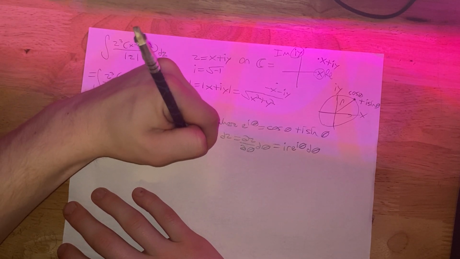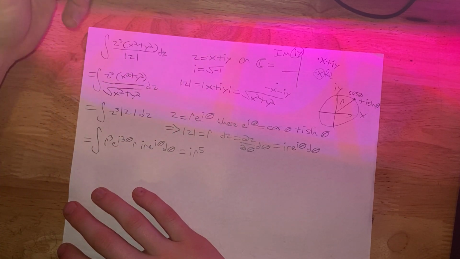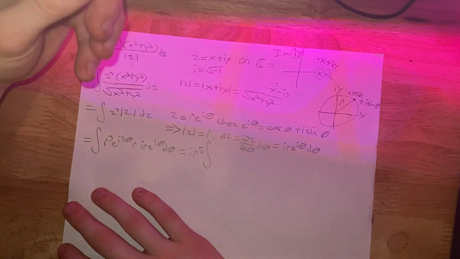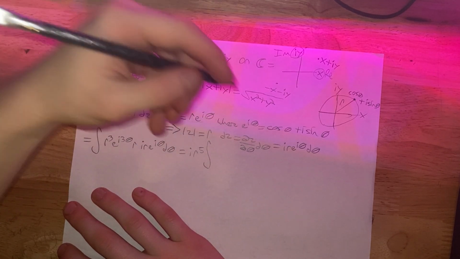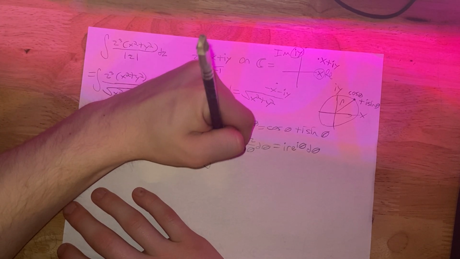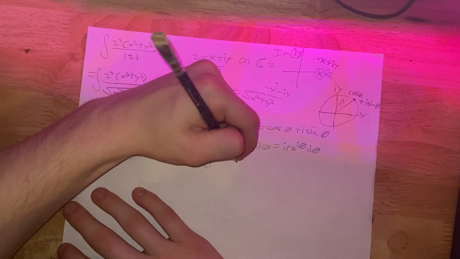Now we can take out our constants, i times r to the 5th times the integral of e to the i 4 theta, d theta.